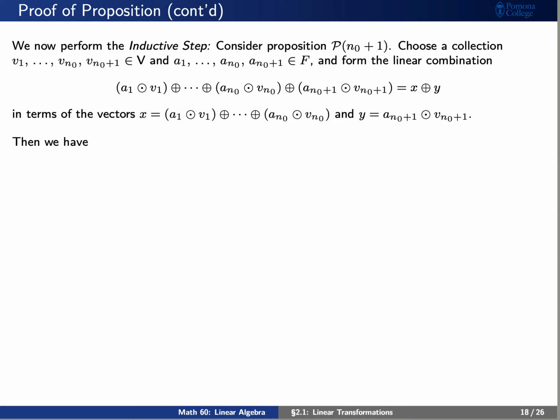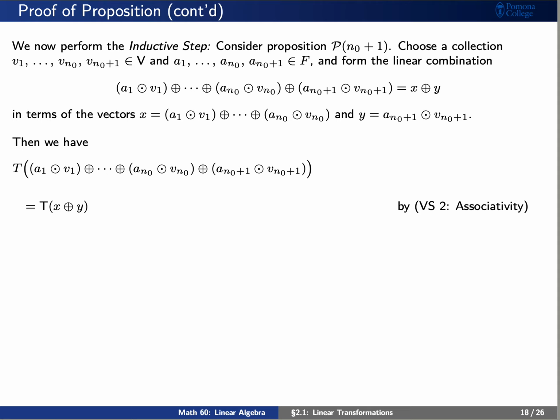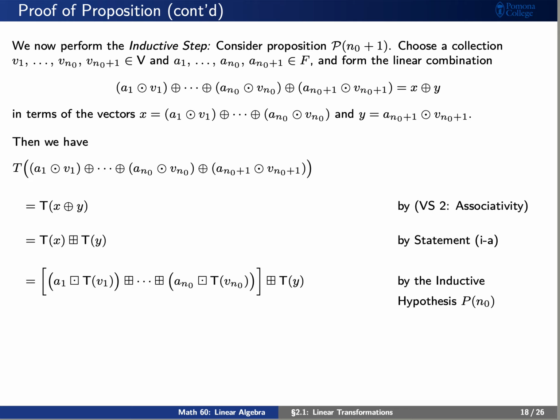Now we can express everything using our inductive hypothesis. That is, let's take a look at the following linear combination. Here we have T of the sum of n0 plus 1 vectors, which we can write as T of x plus y using associativity. Now we use the fact that T preserves vector addition, and we simply substitute using the inductive hypothesis what T of x is.